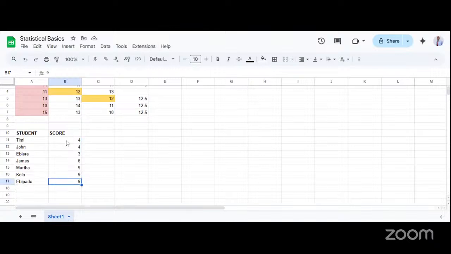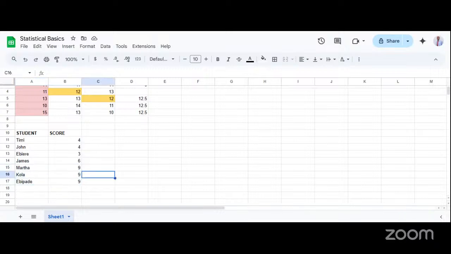So the first two students scored the same in the test. Let's say they did over 10 and so on. This student scored this value, this student scored this value, then these last three students were like the best performing.